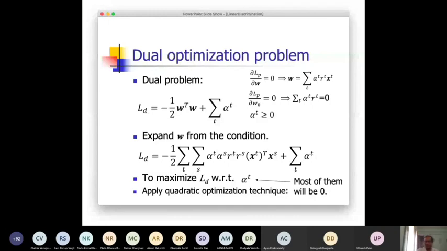There is no closed form solution. Apply a quadratic optimization technique to arrive at a solution, and there is an algorithm where, because there are n number of alpha parameters, the time complexity and space complexity becomes this.